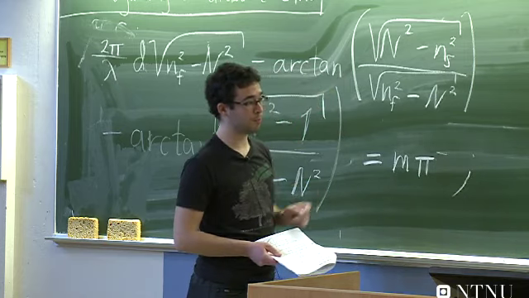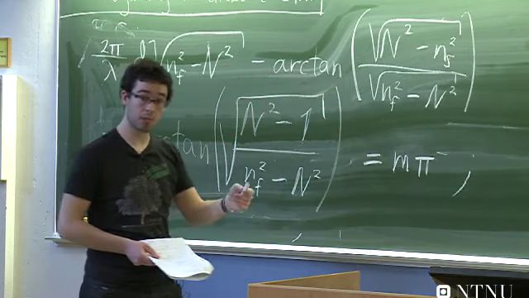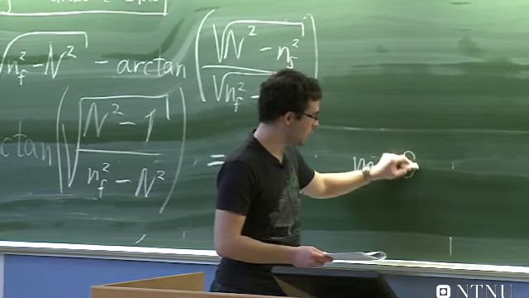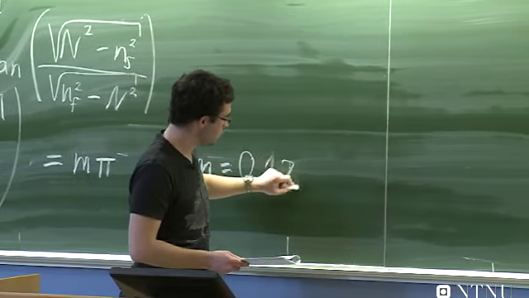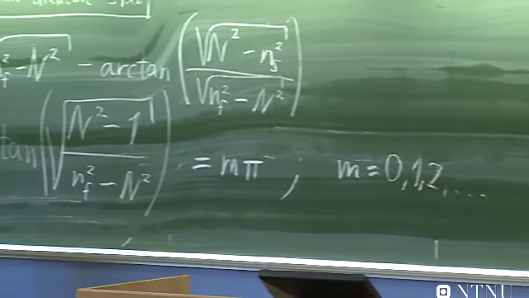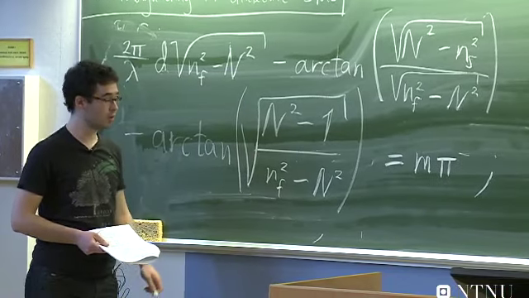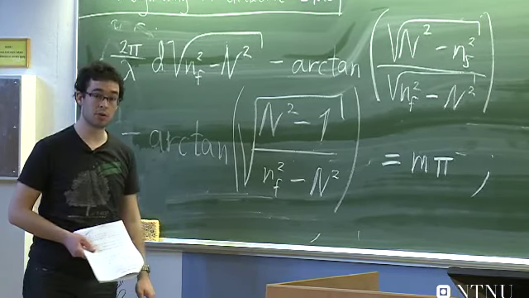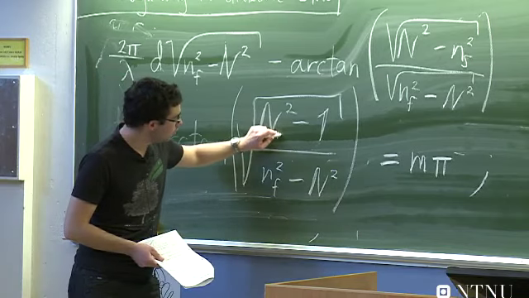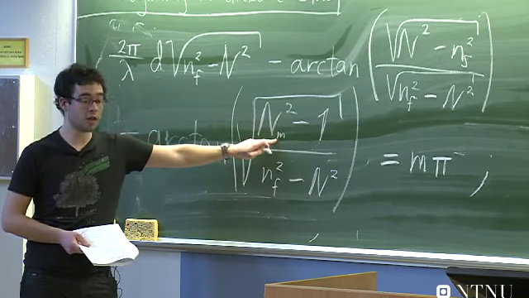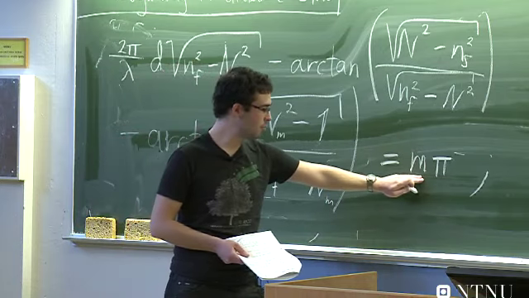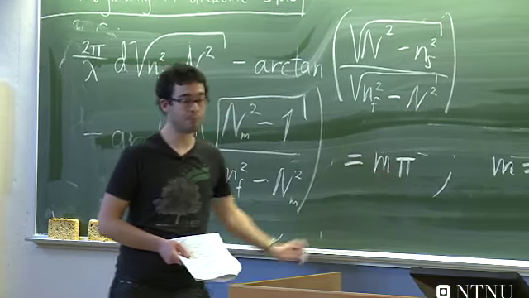And because the tangent is periodic with exactly π as its period, m will have to be an integer. So m can be 0, 1, 2, and so on. So when I said that capital N was the index of refraction or effective index of refraction of mode m, by that I meant that there is an index m on this capital N, which is given by this small m.